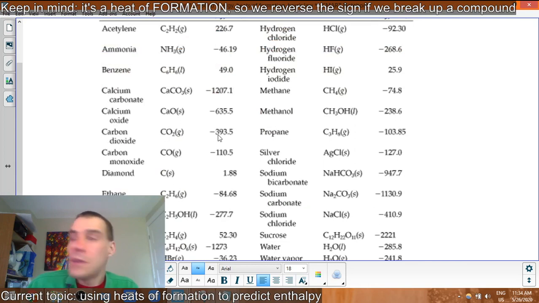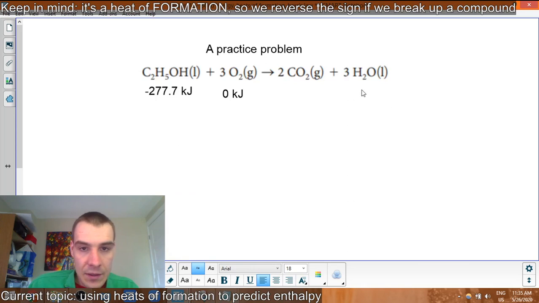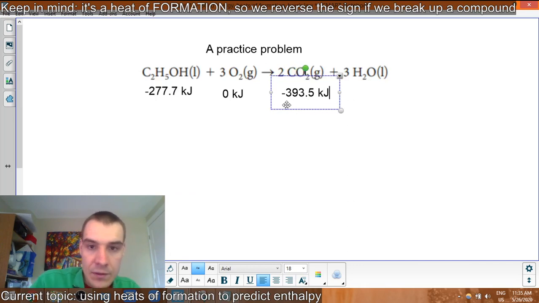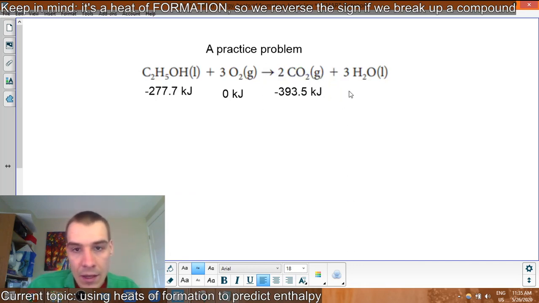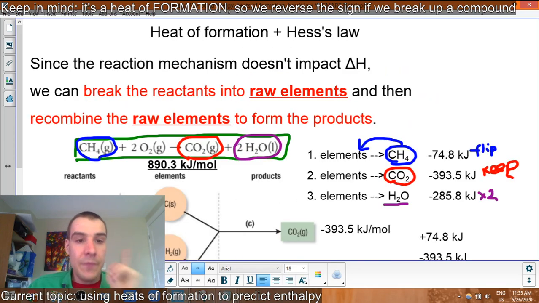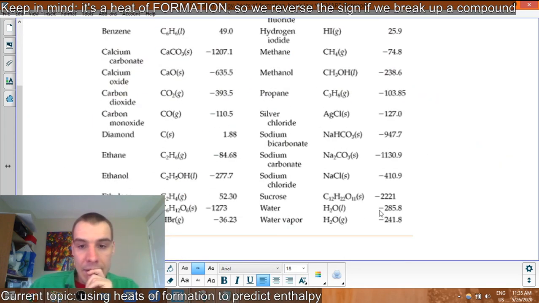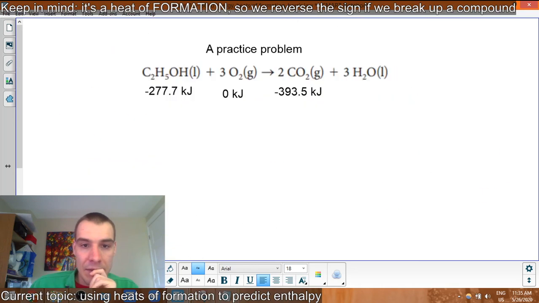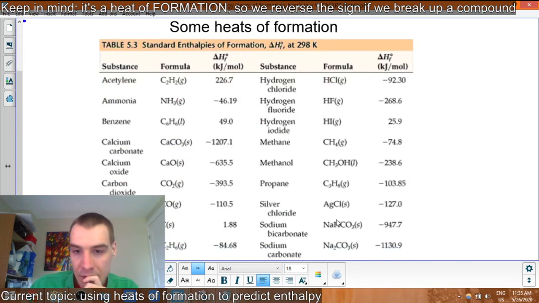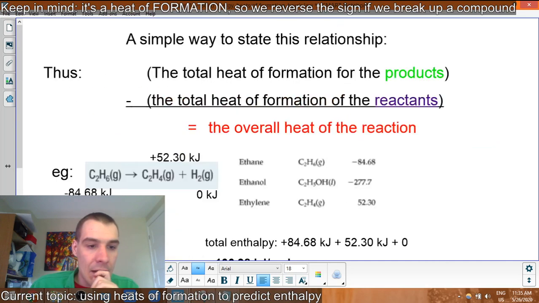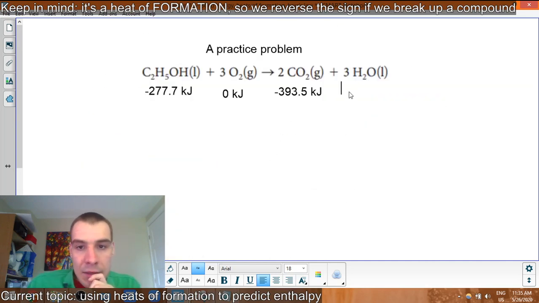CO2 is here, minus 393.5 kilojoules. And the water, it's liquid water. We've got to keep that in mind. Liquid water, minus 285.5. Oh, wait, 285.8. Minus 285.8.